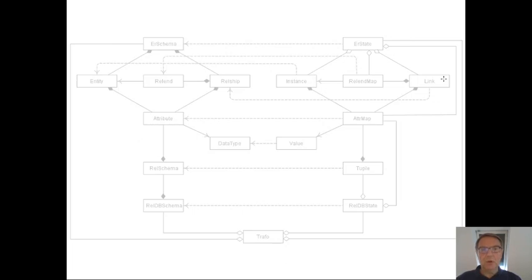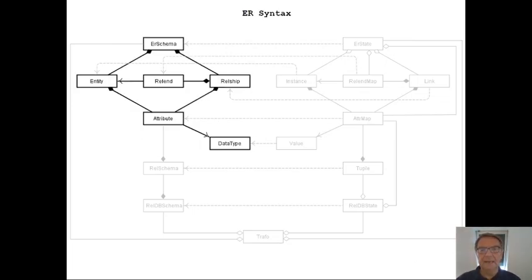I shortly want to give you the feeling about what is present in the respective parts of the class diagram. Everything is gray here, and now something comes into the foreground. The left upper part represents the entity relationship syntax.